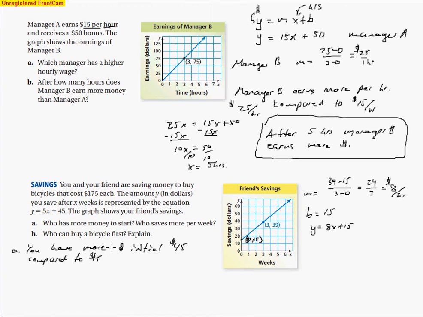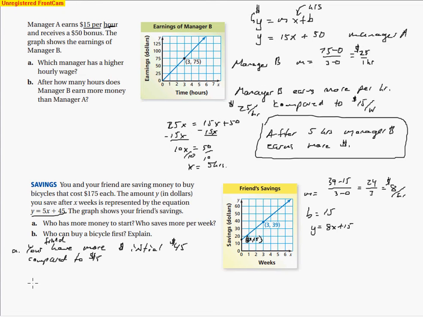And then who will buy the bike first? Well, we'll go ahead and set it up, and let's see here. This was your friend, actually not you, your friend, we'll say, because your friend was this amount right here, and you are at this one. And so it says you have saved, so this is yours.